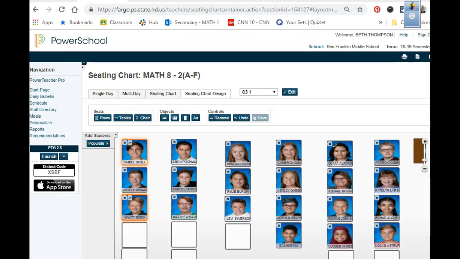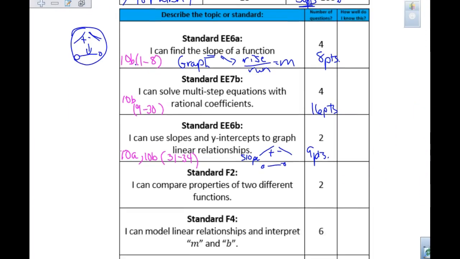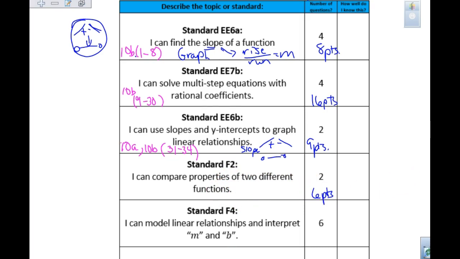The last 2 standards that we are looking at are: I can compare properties of 2 different functions. This is going to be worth 6 points. So comparing them.